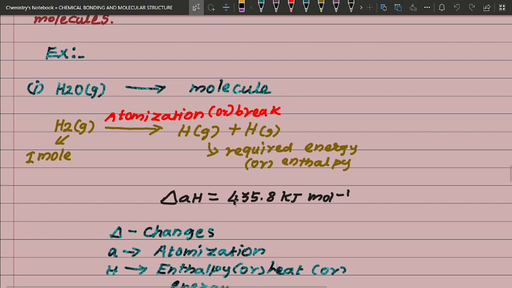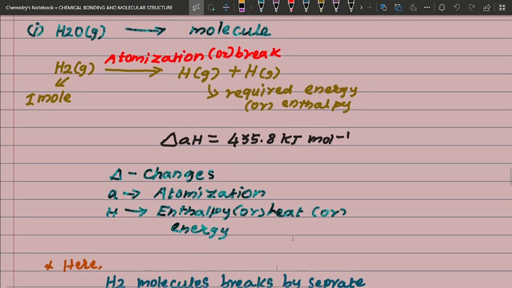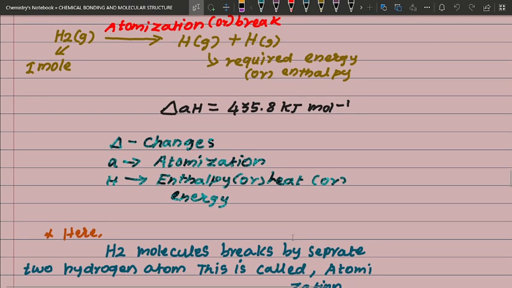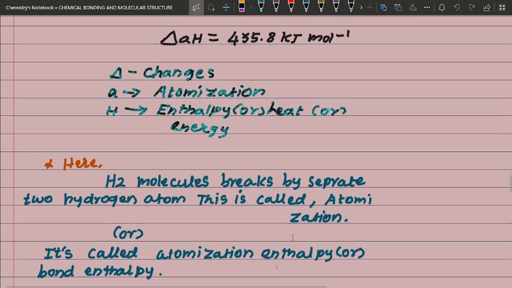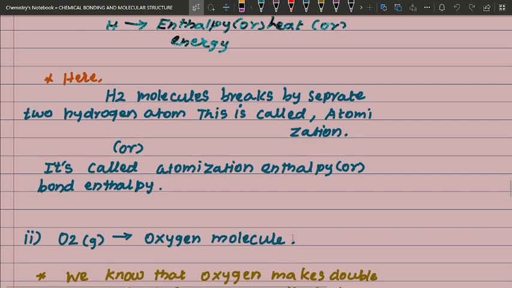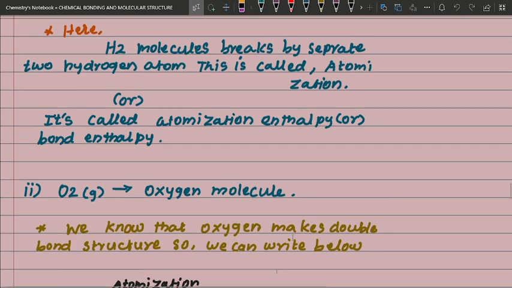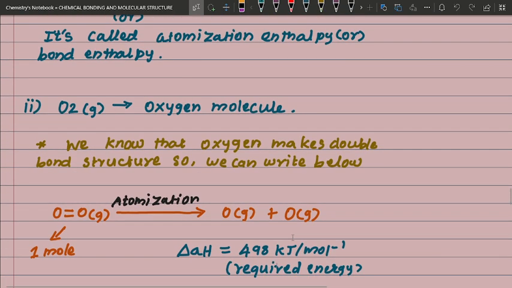So this value is 435.8 kJ mol^-1. Here the H2 molecule breaks into two separate hydrogen atoms. This is called atomization enthalpy or bond enthalpy.